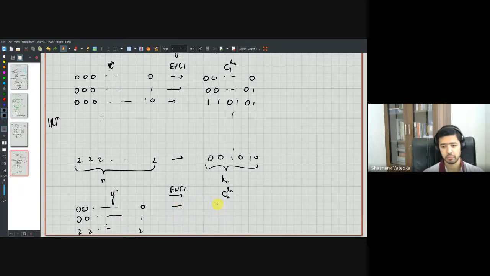And this is mapped to something like this. Okay, so obviously, since kn is less than n, there'll be multiple sequences over here on the left which get mapped to the same code word, right?